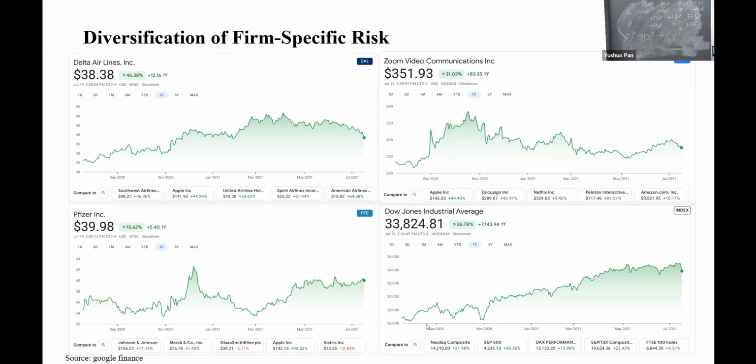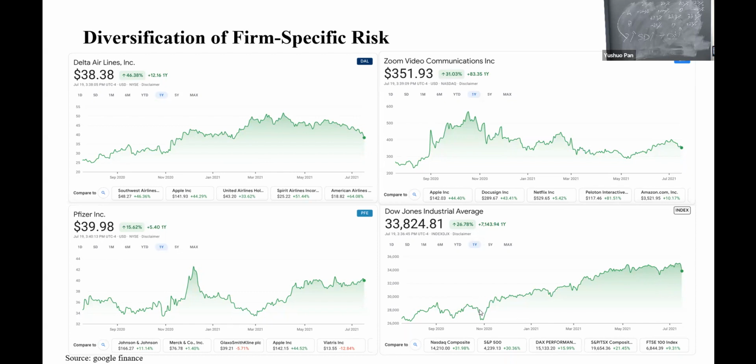The index basically just keeps moving. That eliminates the firm-specific risk. When one price goes down, the Dow Jones is still some kind of going up.